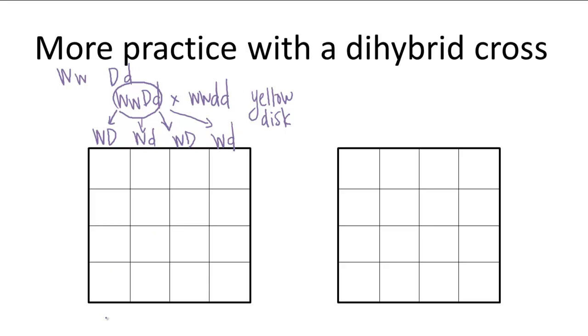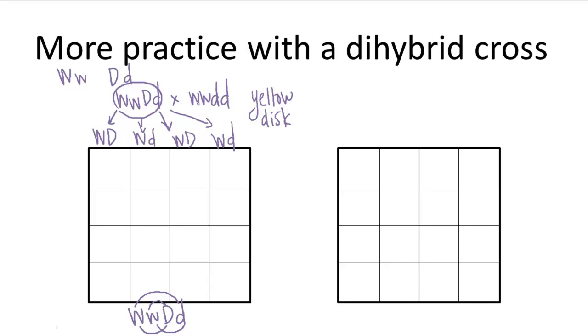If you need a clear explanation of how I did this, write this out. We're pairing every other one, and then outside and inside, to form the four different combinations of gametes.